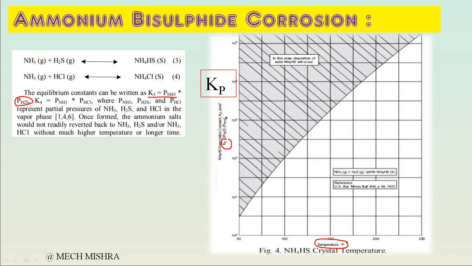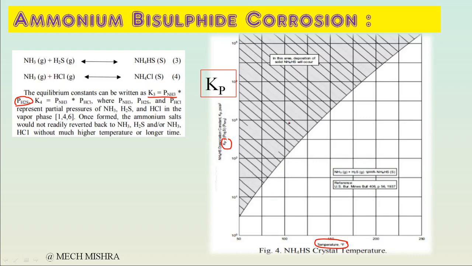First of all we have to calculate Kp, which depends on the partial pressure of ammonia and the partial pressure of H2S. Both are multiplied to get Kp, and we know our operating temperature. We plot both.